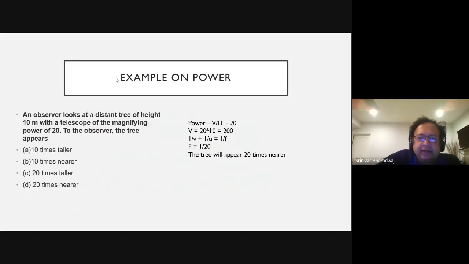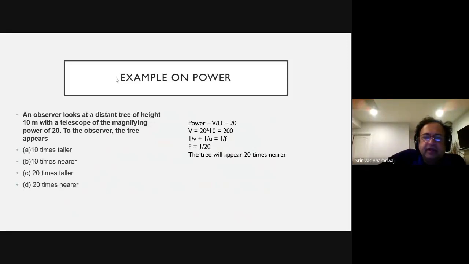If the magnifying power is positive 20, then 1 by v plus 1 by u equals 1 by f, and v by u equals 20. Therefore the power is 20, and f is 1 by 20.